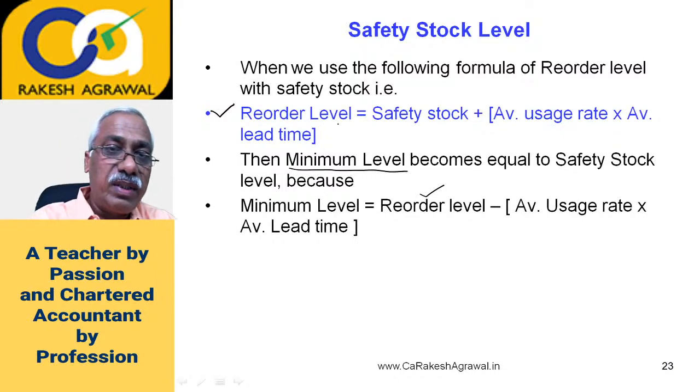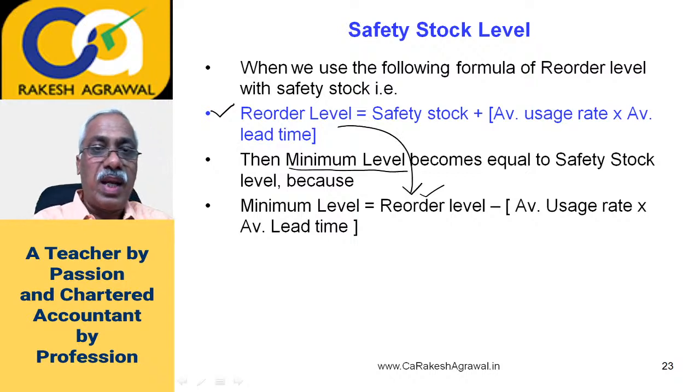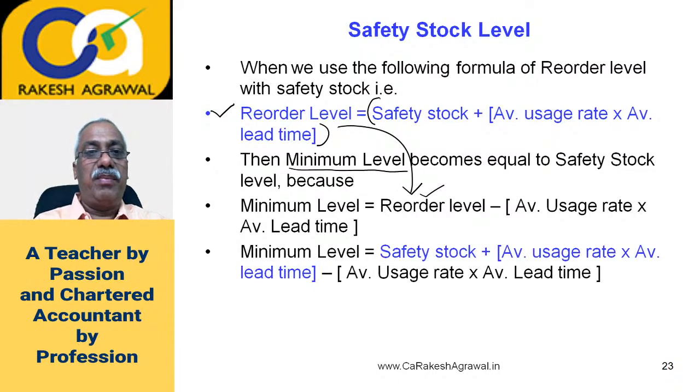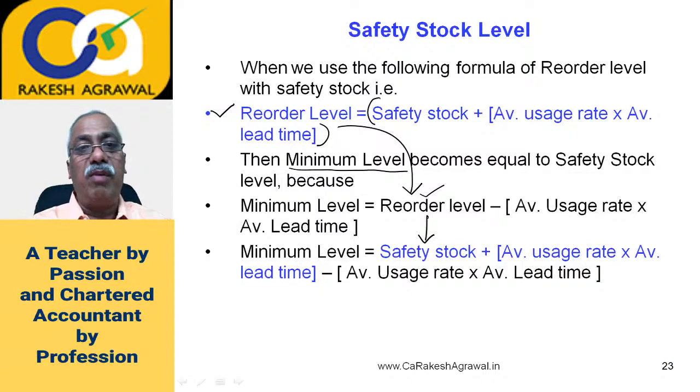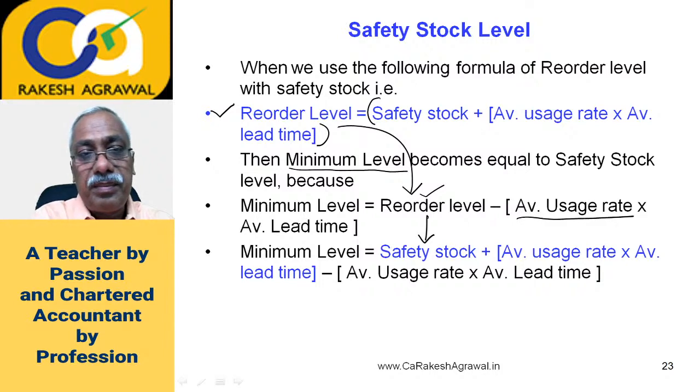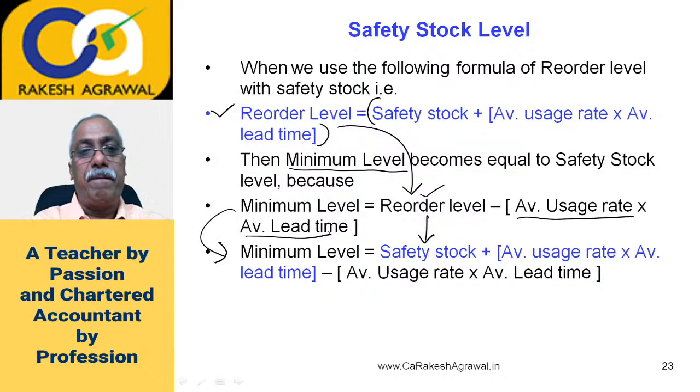Now what I will do? I will substitute this formula of reorder level here. So just see now. I am rewriting minimum level as this reorder level I am substituting by the formula above, the formula which is written in blue, safety stock plus average usage rate into average lead time, and then minus this. I am rewriting this formula again.